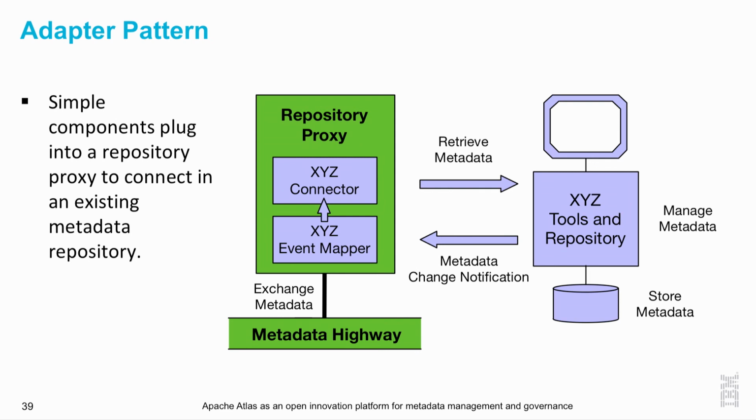It might be that the event says this record's changed, and it then calls the connector to get more details about the record in order to fill out the repository. So with two Java components doing this mapping, a vendor can connect into the ecosystem. They run this simple server, the repository proxy server, and their product is now part of the ecosystem.